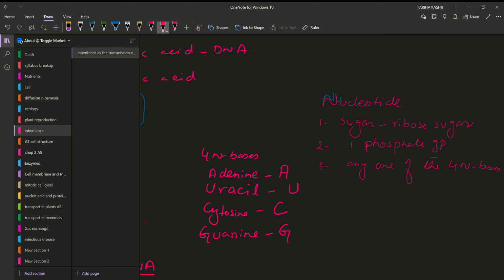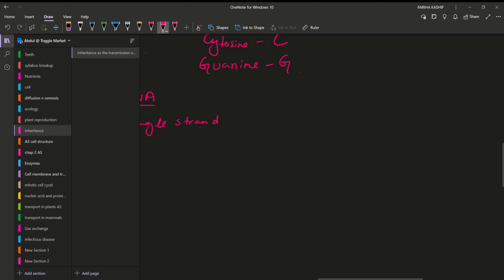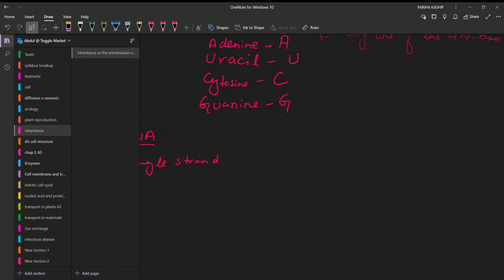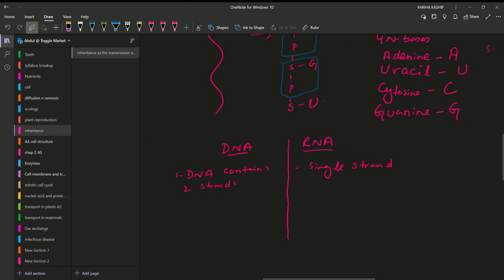Okay, shall we move forward? Now tell me the differences between DNA and RNA. DNA contains 2 strands and RNA contains a single strand. Or the sugar is different. Which sugar?